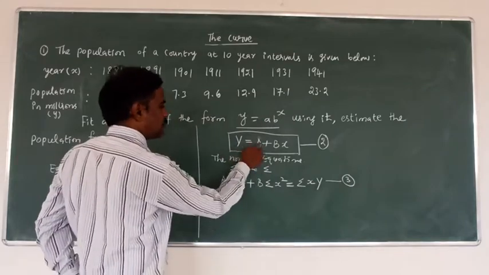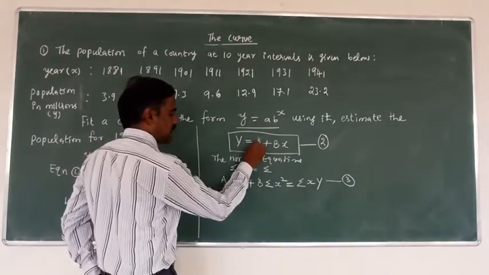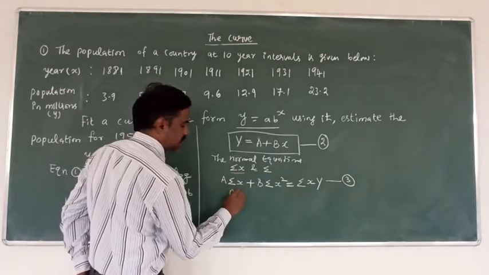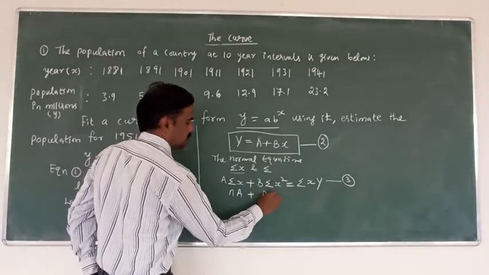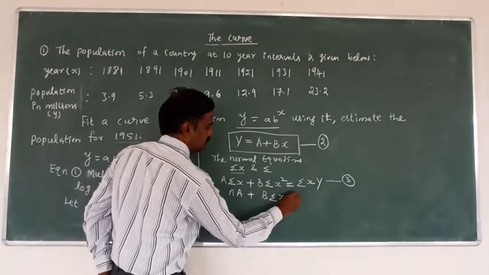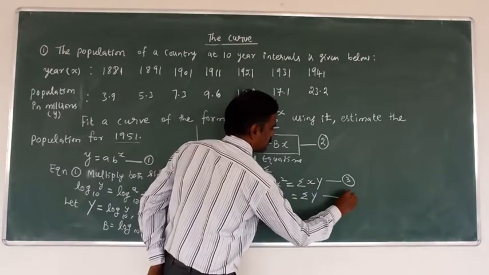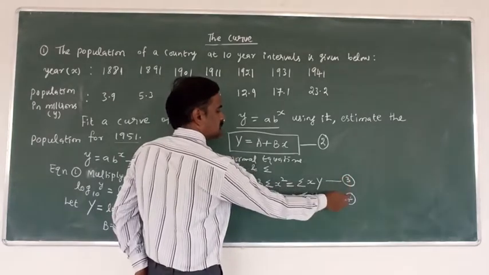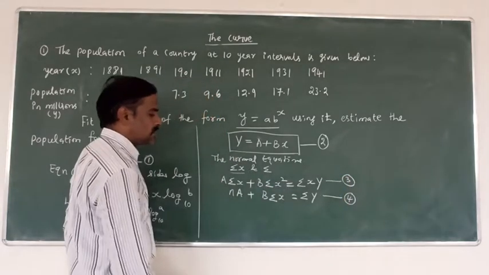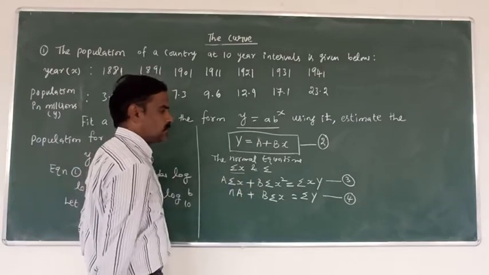Next, add sigma on both sides in equation 2. Sigma A means you can represent N A plus B sigma x equal to sigma capital Y. This is equation number 4. Now to solve equations 3 and 4, we can get the A value and B value.